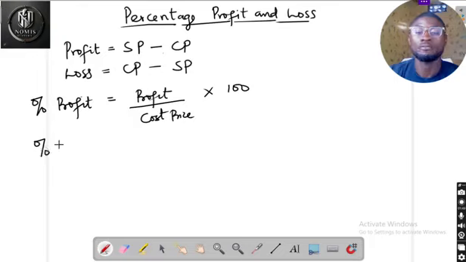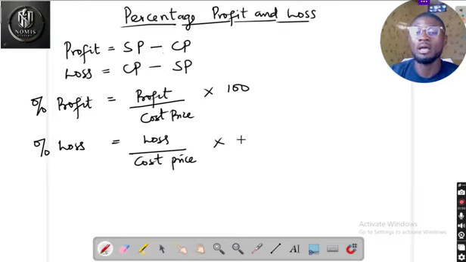Now what about percentage loss? Loss is similar. Loss all over cost price multiplied by 100. So tag this formula and install them in your memory.